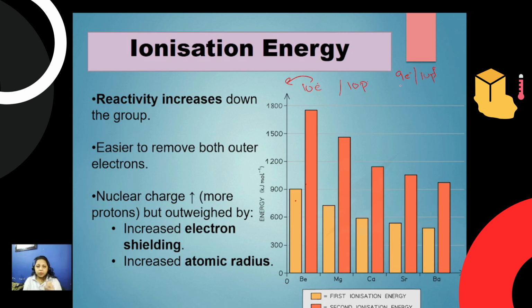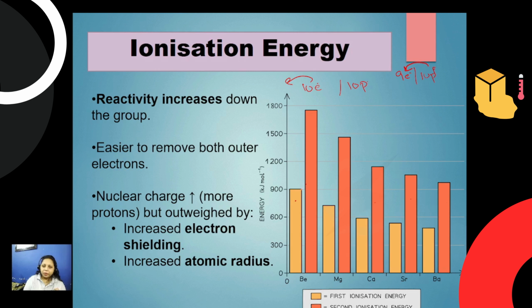Now the nucleus is quite stronger as compared to these electrons. It has more hold on these 9 electrons, because one extra proton is going to cover these 9 electrons now. So the second ionization energy would be really high, because it would become difficult to remove that electron. You can observe in each case that the second ionization energy is higher as compared to the first one.